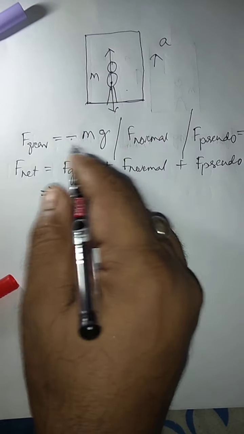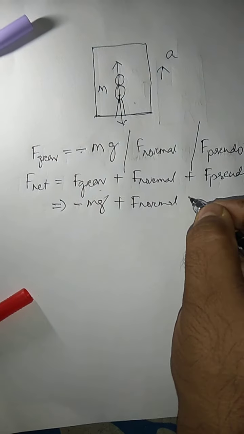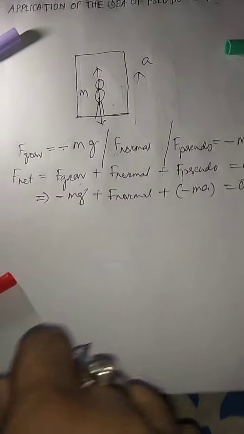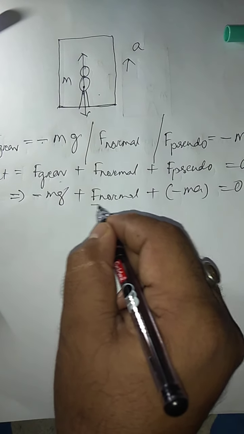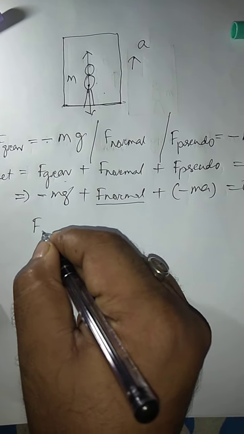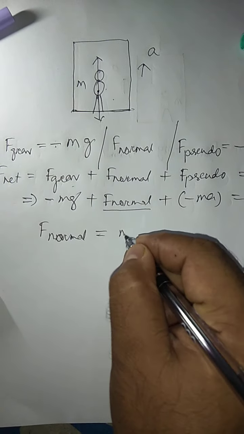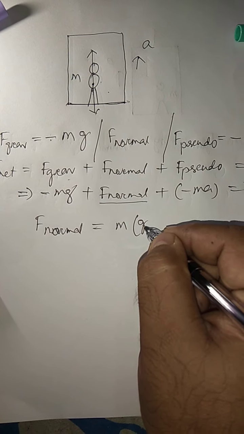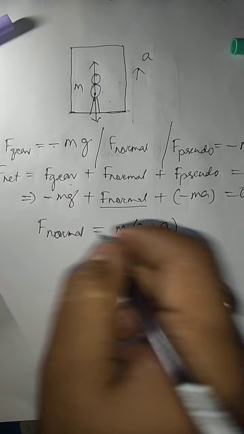In place of F grav, we write minus mg plus F normal plus, in place of F pseudo, we write minus ma is equal to 0. And thus we get the expression for the normal force exerted on the man by the floor of the elevator, and it's given by F normal is equal to m multiplied by the sum of the gravitational acceleration and the acceleration of the elevator.